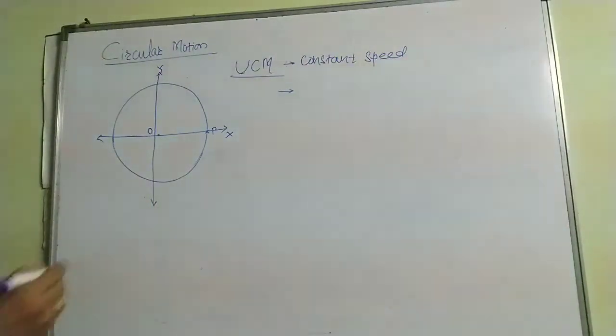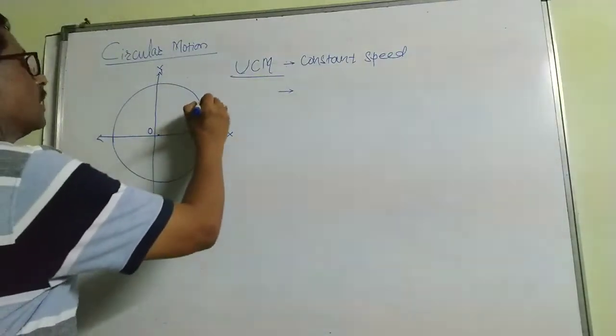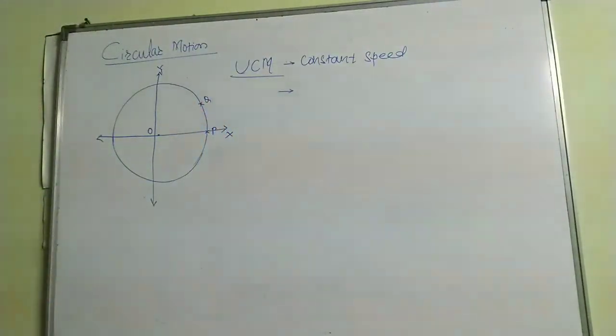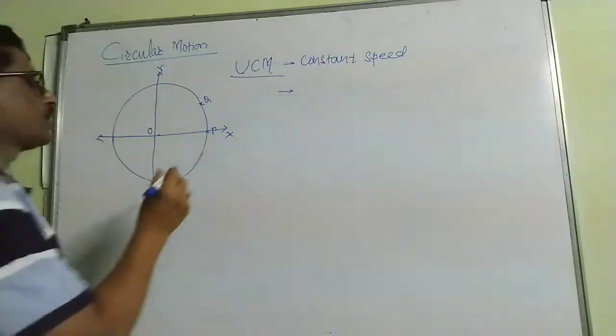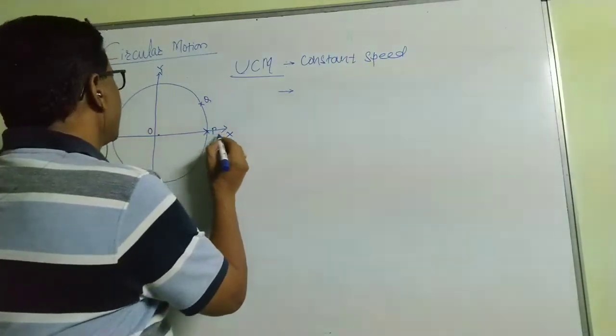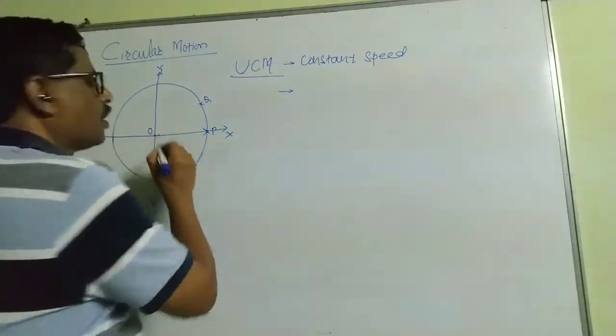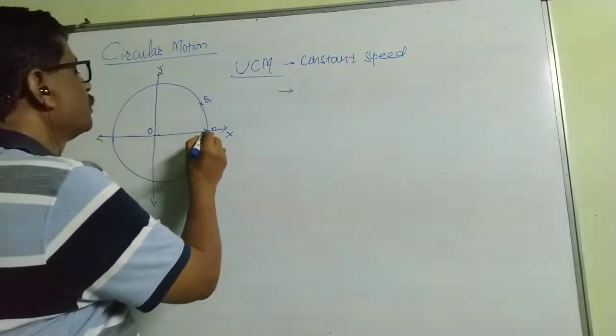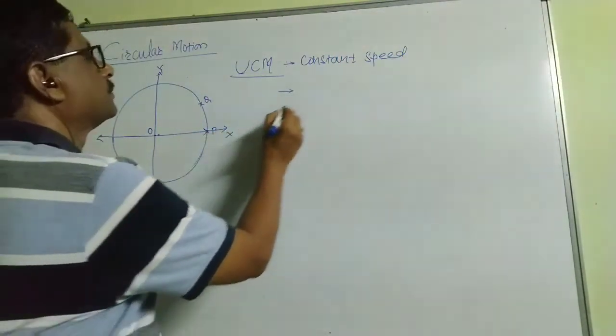In a small interval of time, let the particle displace to Q. The position of the particle is given by a vector drawn from the center of the circle to the position of the particle.